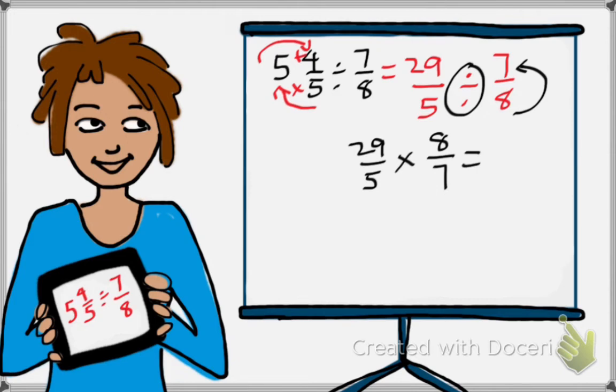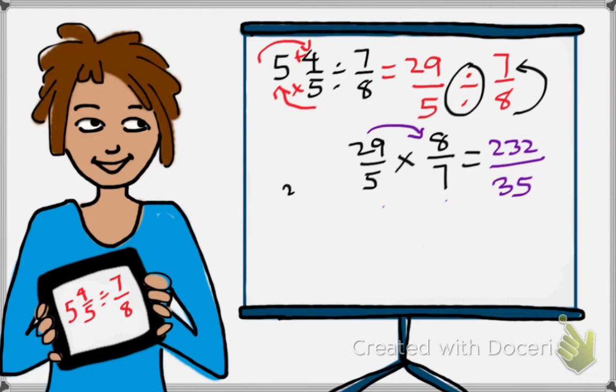Now we can multiply our numerators. Now 29 times 8 equals 232. And multiply our denominators. 5 times 7 equals 35. Now let us simplify 232 over 35.